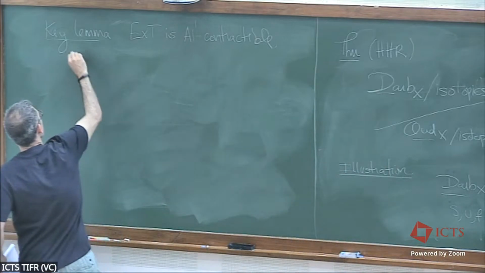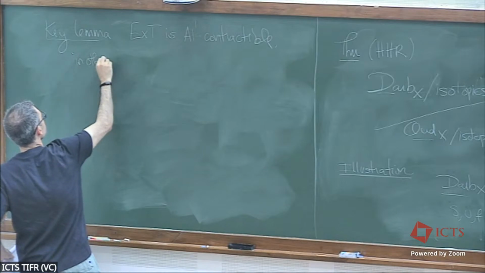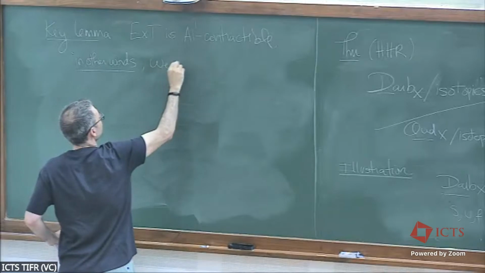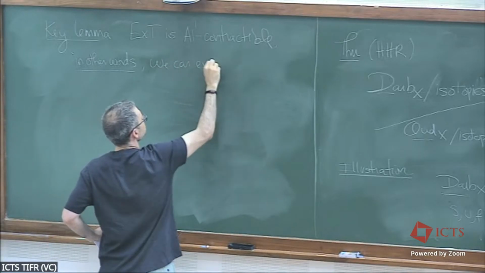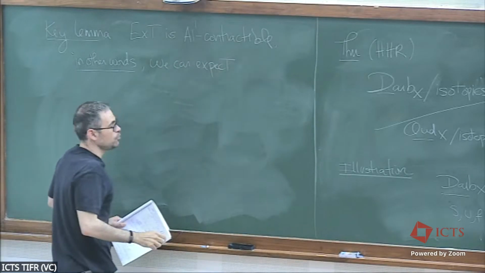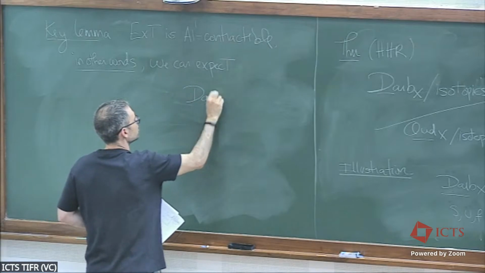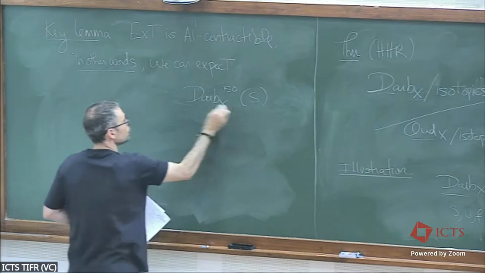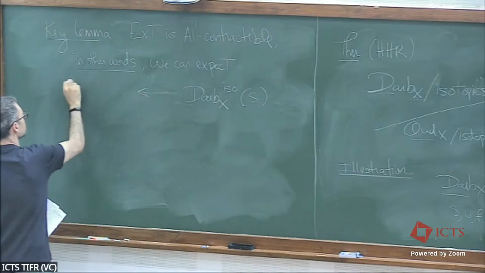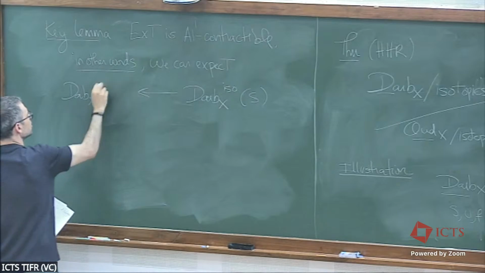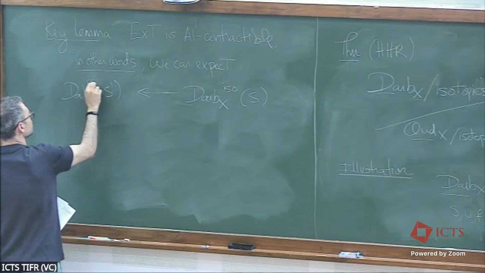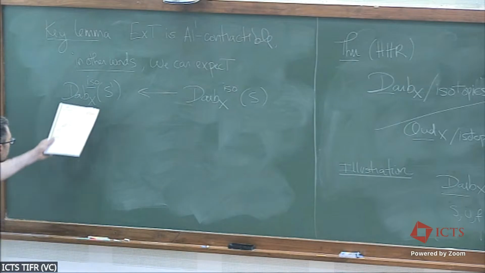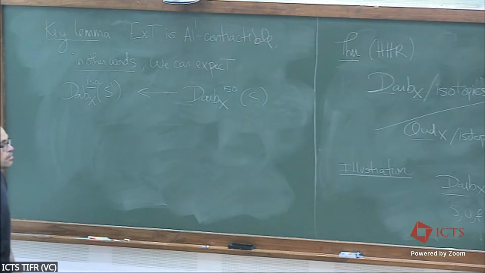In other words, we can expect a Darboux stack, a pullback up to isotopies from local models on S up to isotopies to local models on S prime. So this stack, Darboux up to isotopies, will exist.